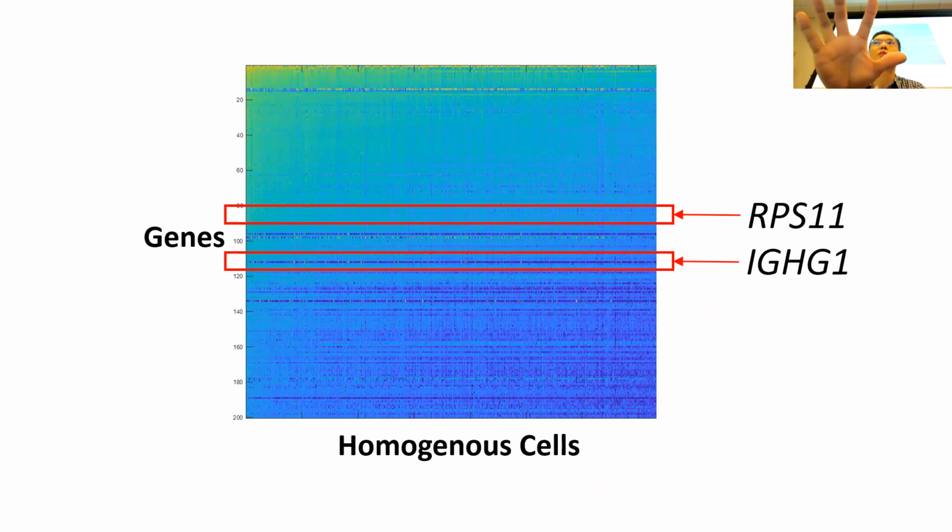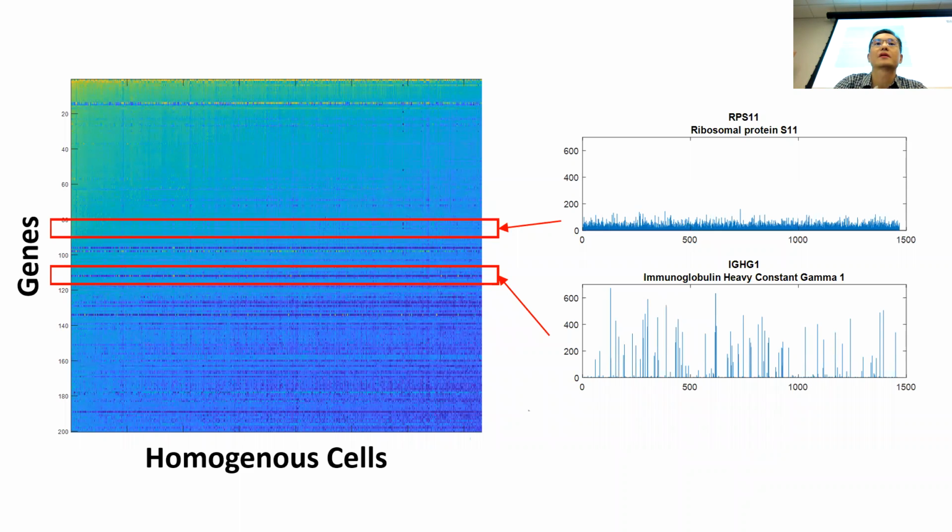That's a homogeneous population of cells you see here after multiple steps. And this picture is the same as what I drew on the blackboard here. Those genes have been ranked by their average expression. And these two genes have a very similar expression mean, but have very different expression patterns across cells.